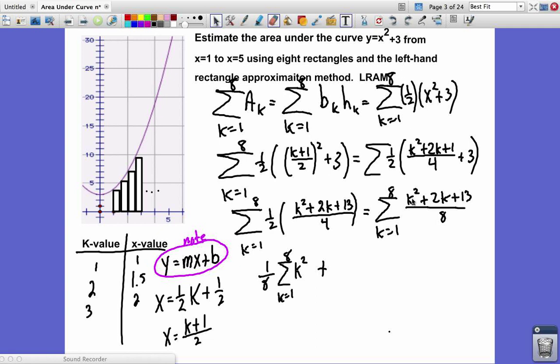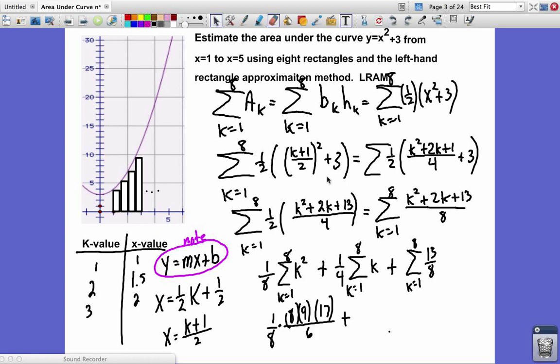So k squared over 8 is really 1/8 k squared. 2k over 8 is the same as 1/4 k. And finally 13 over 8. So break that apart into each its own sigma, and then we're ready to evaluate.